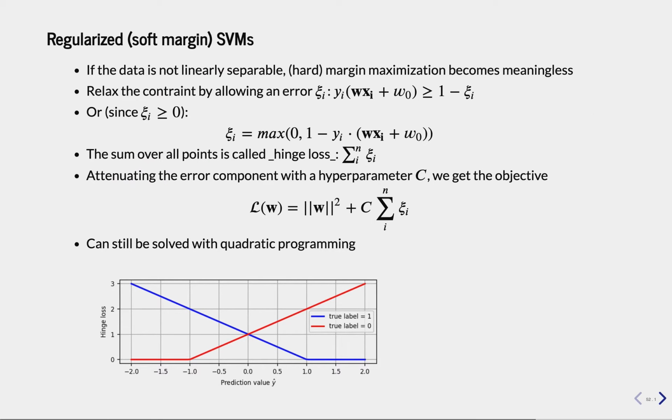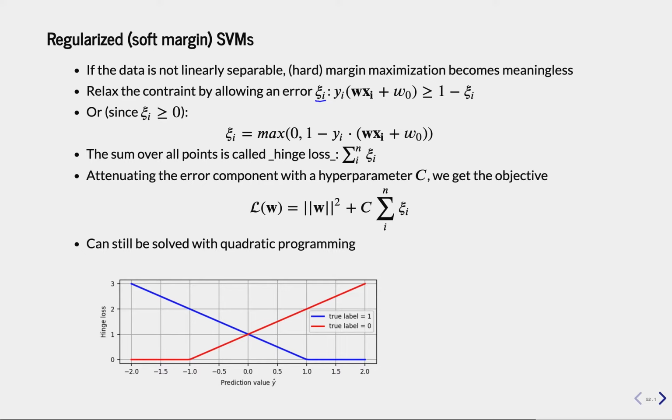Now, all of this assumed that our data was linearly separable, and of course, real data is typically not. So in that case, this hard margin maximization doesn't work because our constraints would contradict and we won't find any solution. We can, however, relax this constraint by allowing some error.